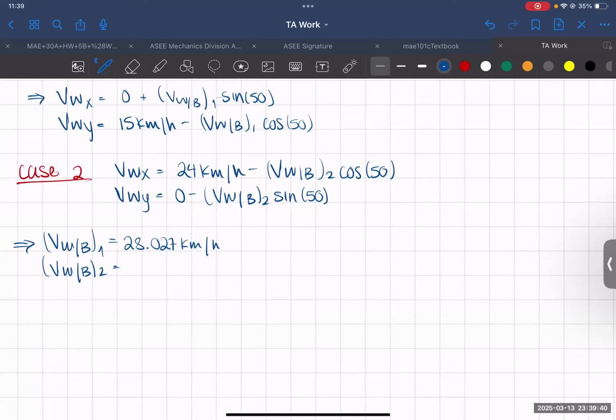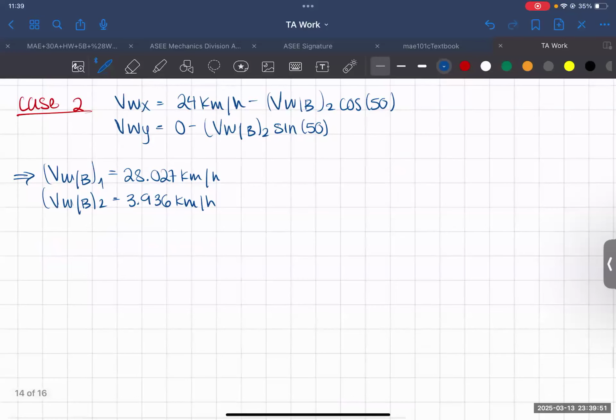So then after that, this one's 3.936 kilometers per hour. Velocity x equals 21.7 kilometers per hour. Velocity y equals negative 3.015 kilometers per hour.